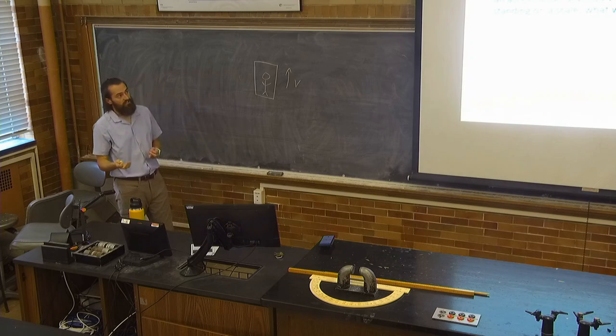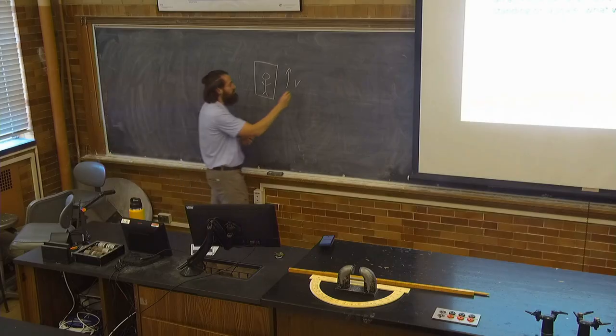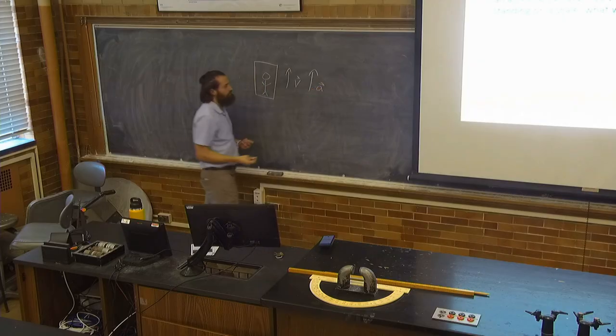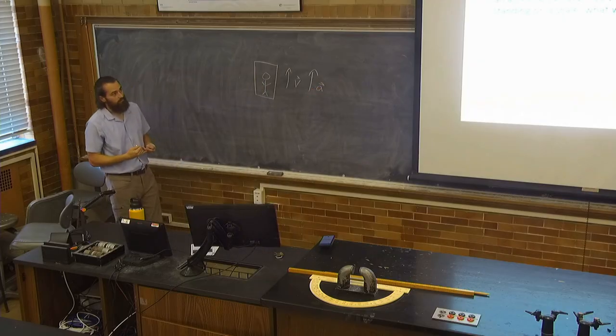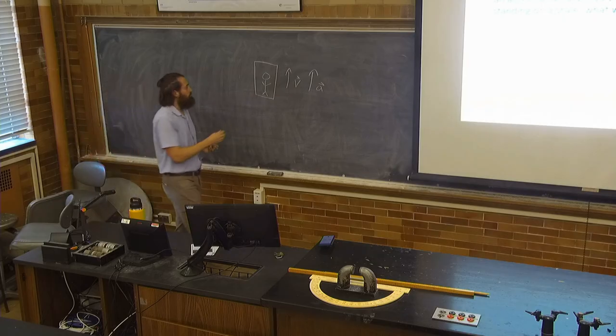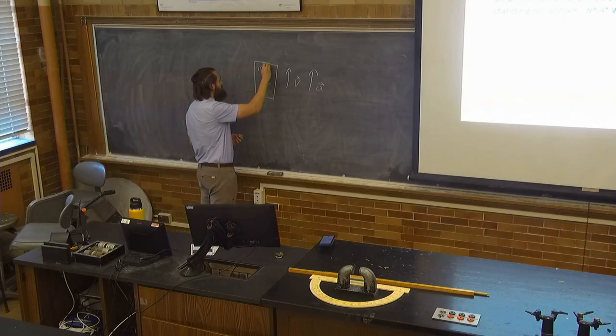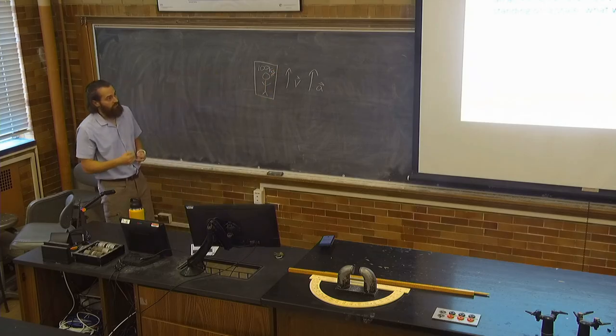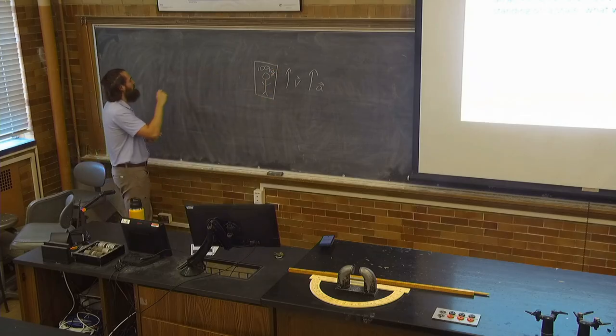And if they start from rest and they move upwards, then that means their acceleration is also upwards. Velocity points up and acceleration also points up. There's a 100-kilogram person standing on the scale, and we want to know what the weight of that person is.